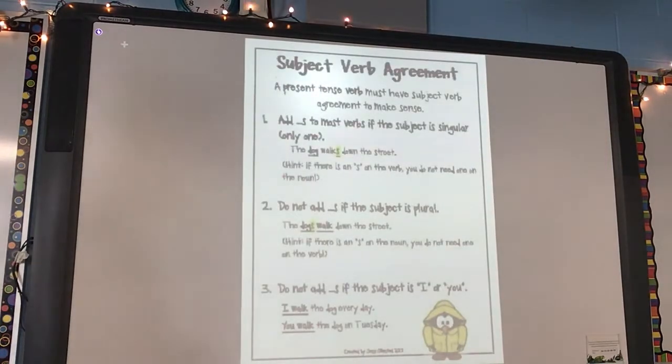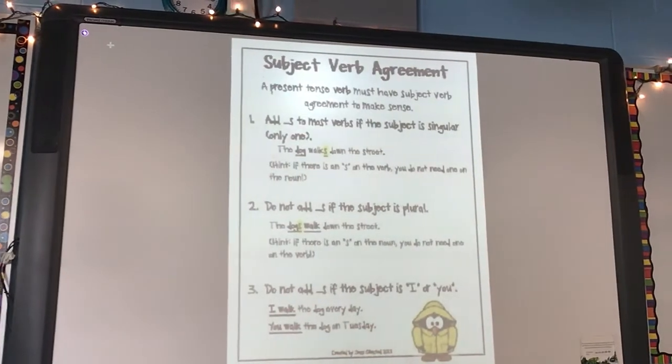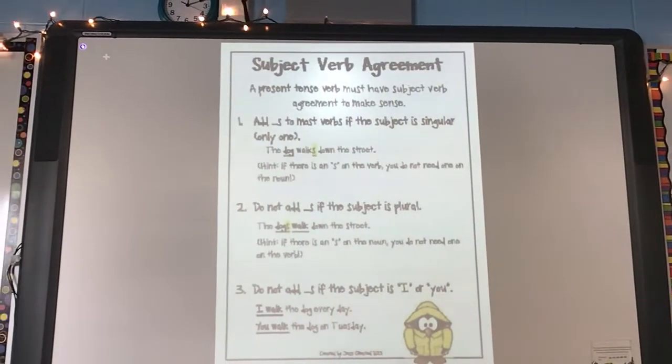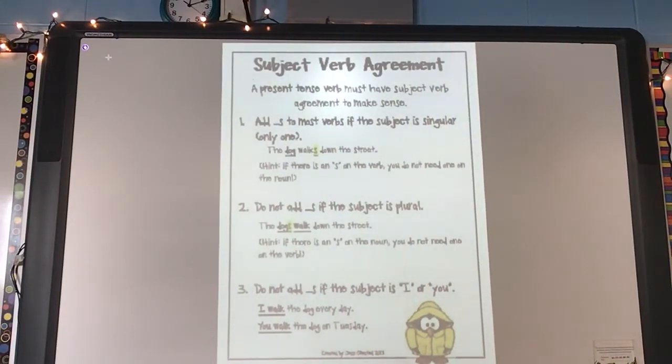It is called subject and verb agreement. I would suggest saving this to your iPad then.